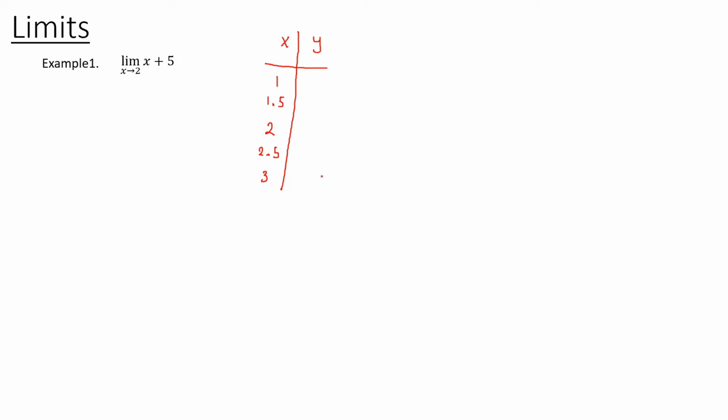And we could observe how the graph behaves as you get closer and closer to 2. So at 1, you have a value of 6. At 1.5, you have a value of 6.5. At 3, you have 8. At 2.5, you have 7.5.